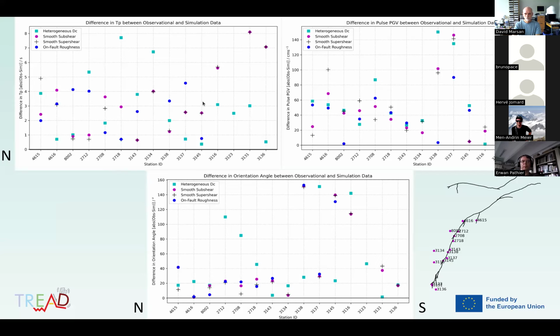On looking at the period, it's not very easy to see which simulation tends to outperform the other. I would say that those with the least differences would be the super shear or the heterogeneous DC, but it is still a bit challenging to actually say definitively which one is better.